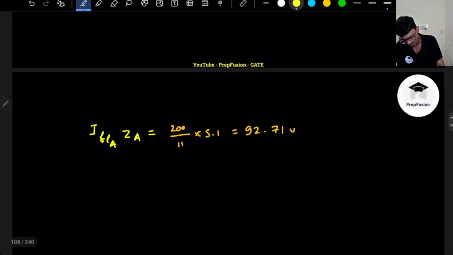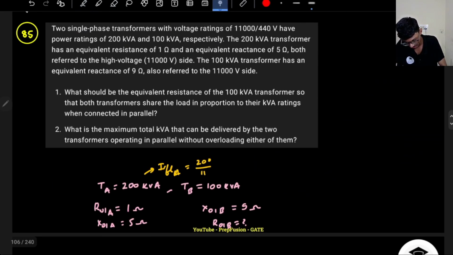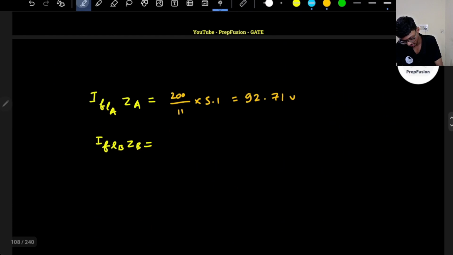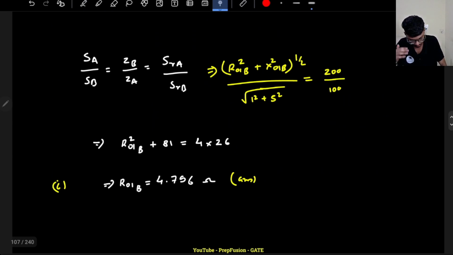What about IFLB into ZB? The kVA in this case is 100 kVA only, divided by the voltage. So 100 kVA divided by 11 kilovolt into ZB. ZB will be twice of the initial.